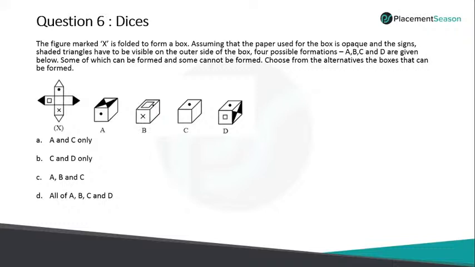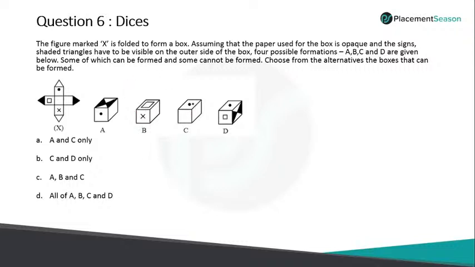Yes, if I take this corner, the top face should have an inner square in it. On the left side will be X, which is given at this particular corner, and the right side face is an empty face, and this formation is also possible.